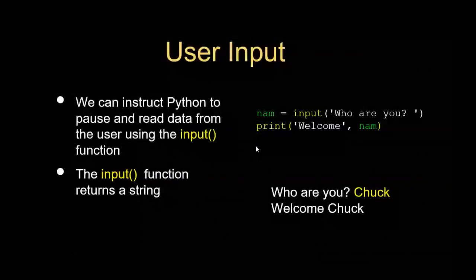All right, we can instruct Python to pause and read data from the user using the input function. The input function always returns a string. We can obviously convert it to something else, but the input function will always return a string. Can anybody in chat tell me why that's a really useful feature, a really useful way that Python works, that an input always returns a string?